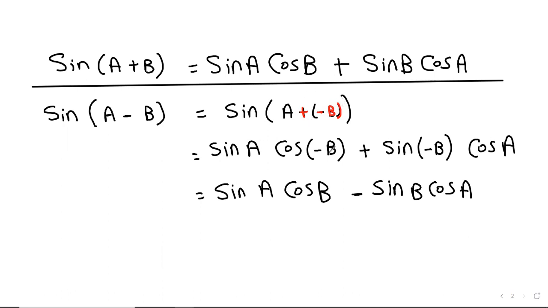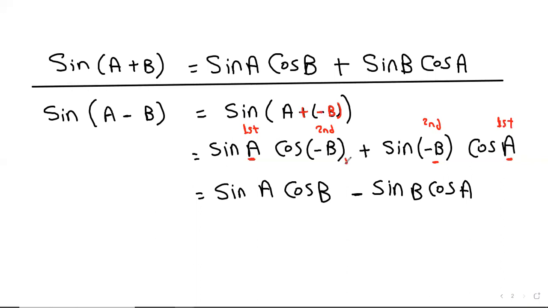So sine A cosine negative B plus sine negative B cosine A, as we have proved in this rule here, sine(A + B).